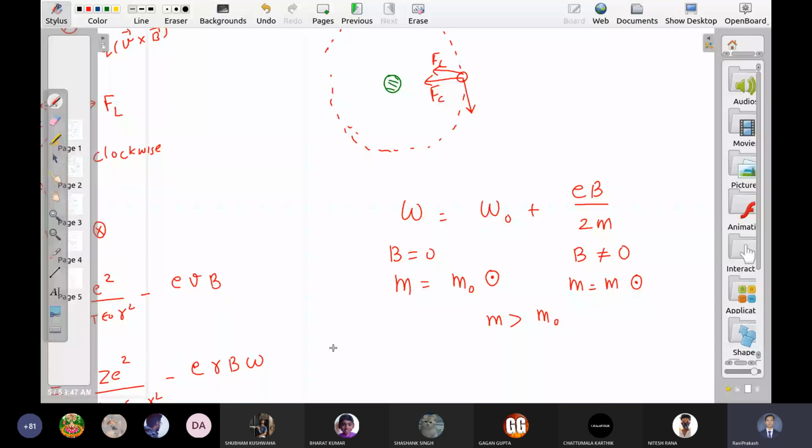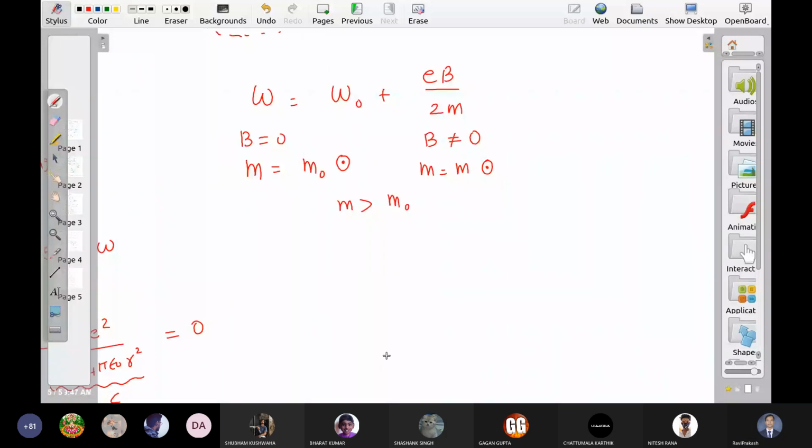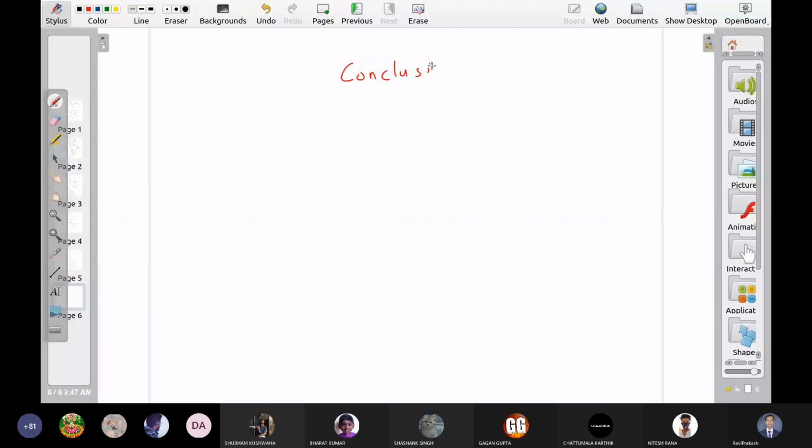Let me draw it like this. When B was 0, we have an anti-clockwise moving electron.